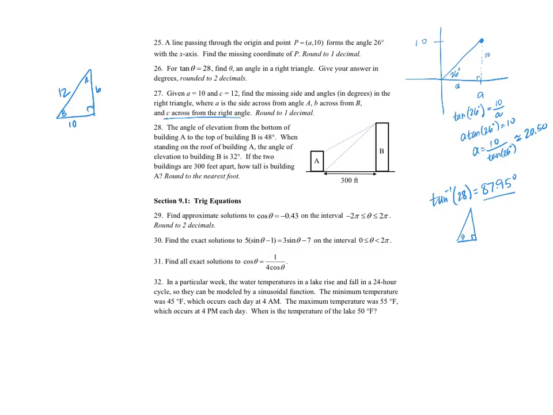Side B I can find because I know that 10 squared plus B squared is equal to 12 squared. I get that B squared is equal to 44.